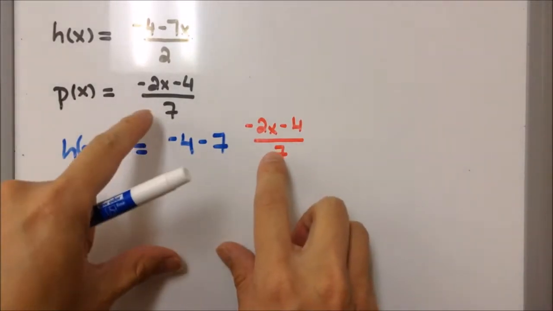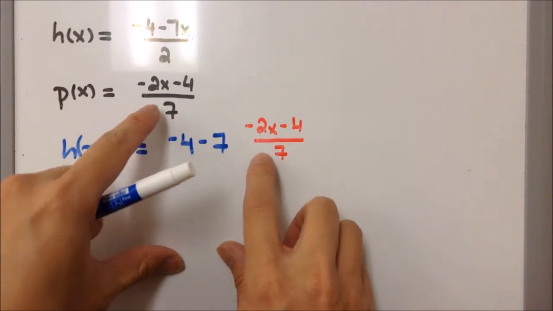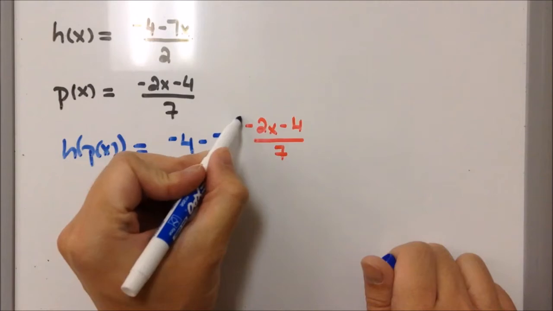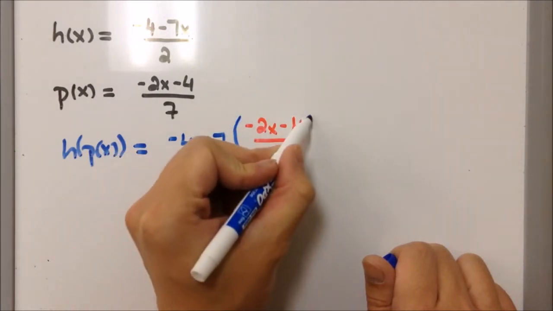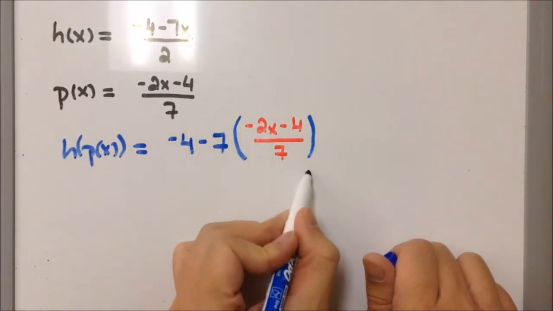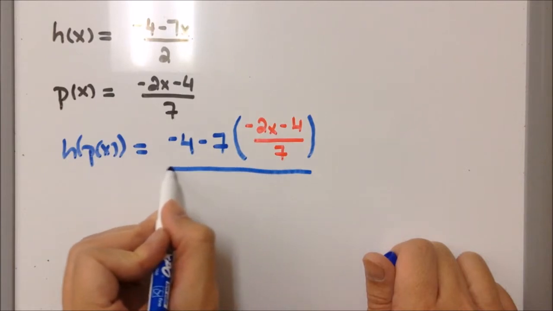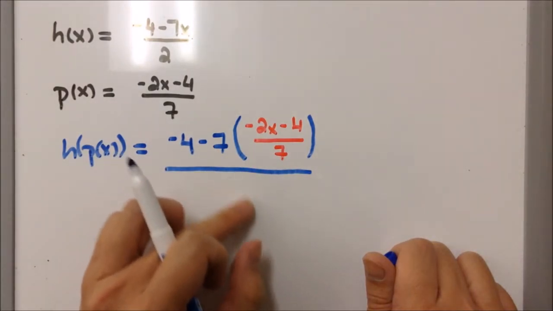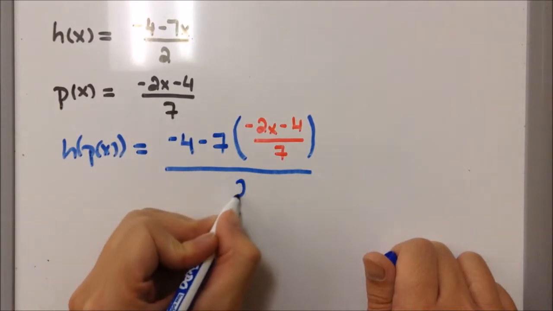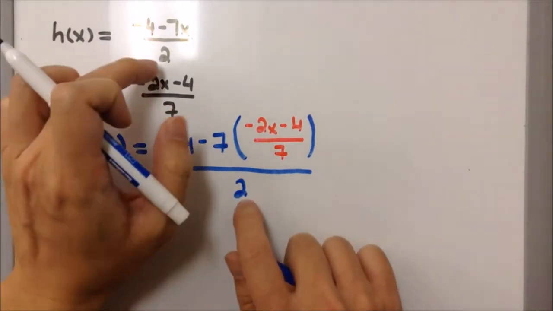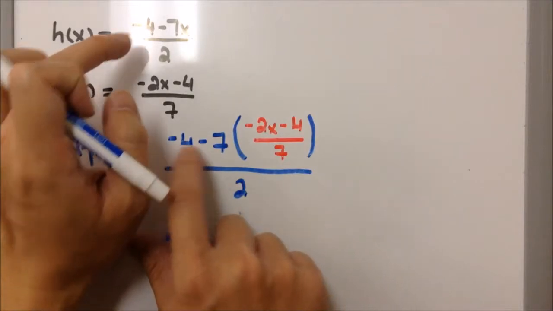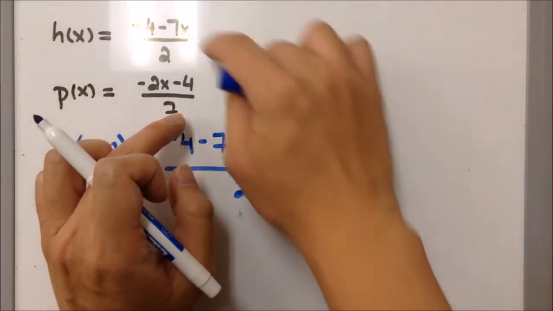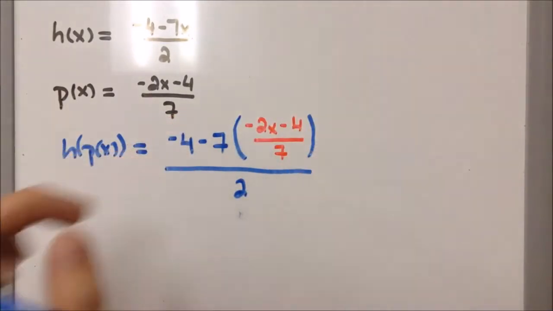So again, this whole function p of x is inside of that x from h. So parenthesis, the whole thing is divided by 7. Nope, my mistake, 2. That 2 right there. So this -4, this minus 7, that 2, this whole function is replacing that x.